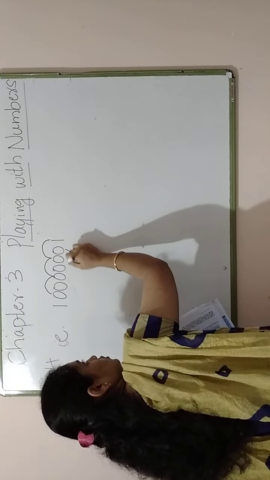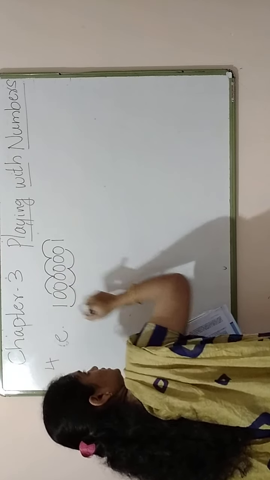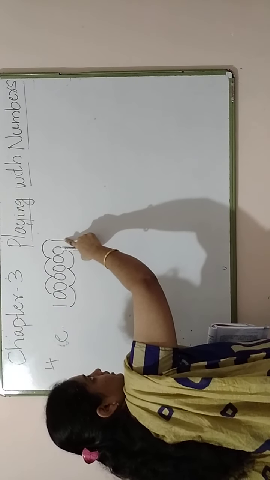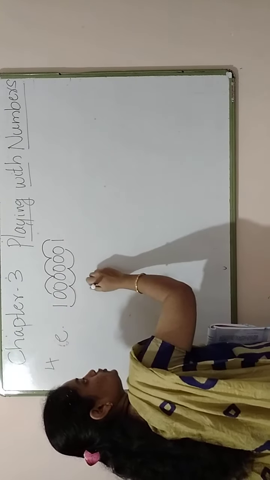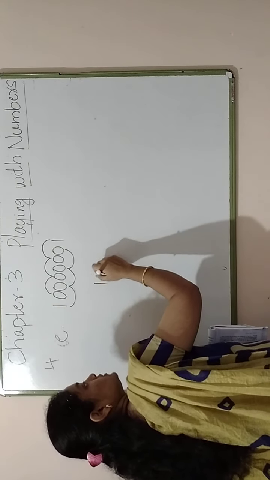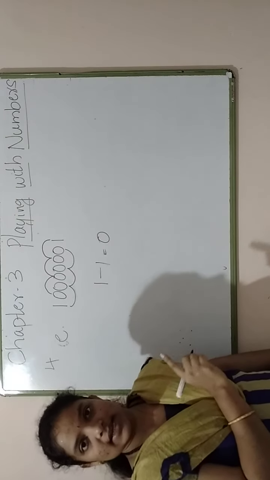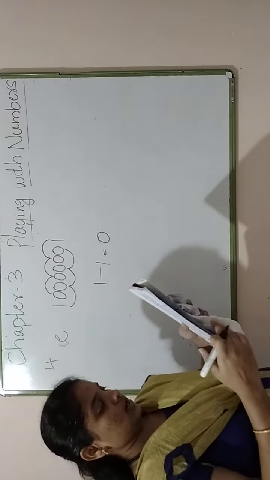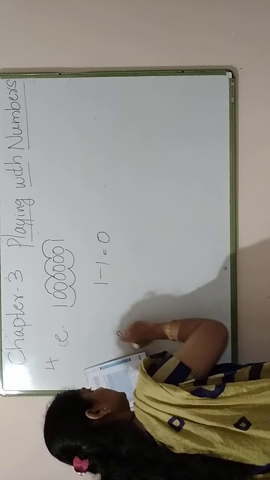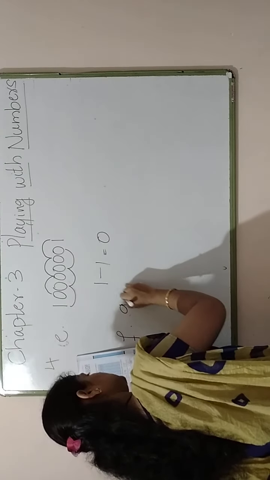Now here 0 plus 0 plus 0 plus 1, so that will be 1. Okay, the odd places sum is 1 and the even places sum is also 1. So 1 minus 1 is equal to 0. Hence this number is divisible by 11. Okay, this is easy, right? Very easy to check whether it is divisible or not.